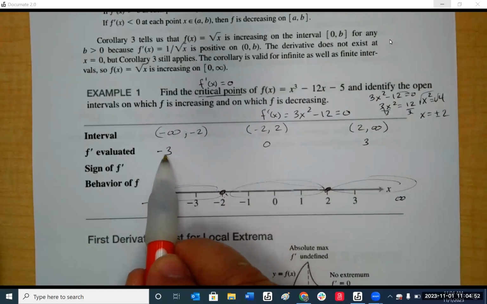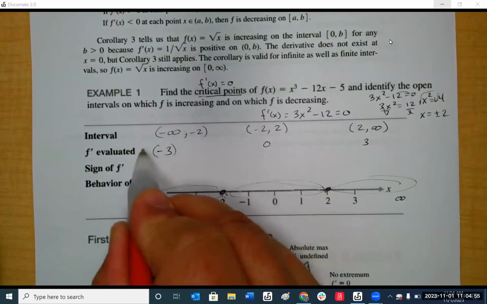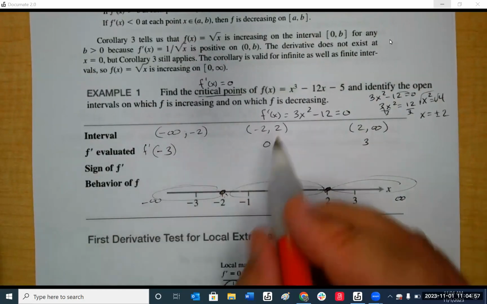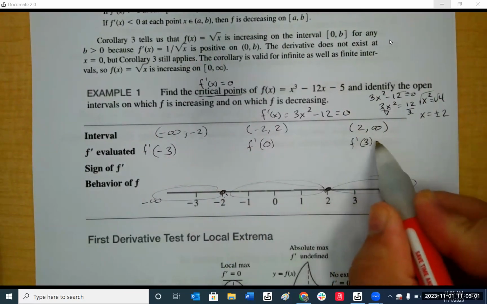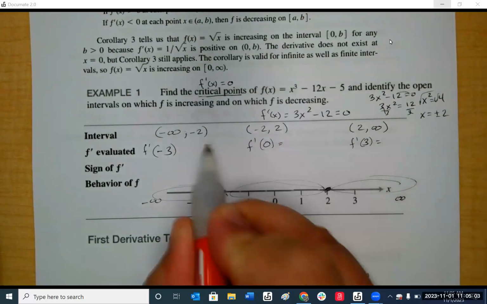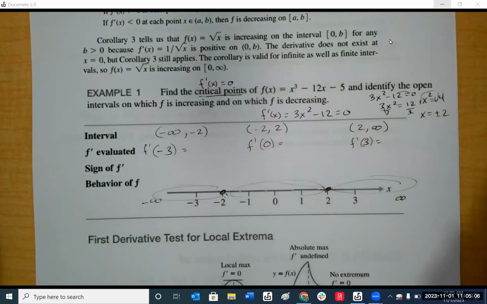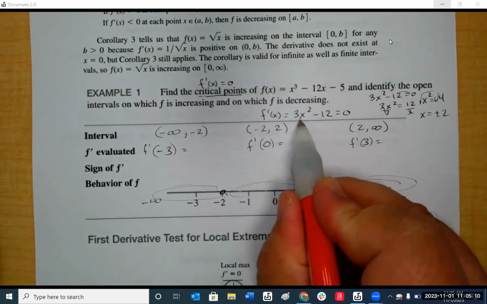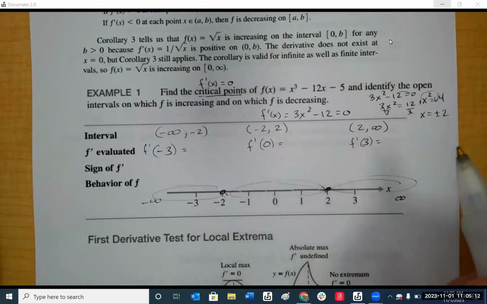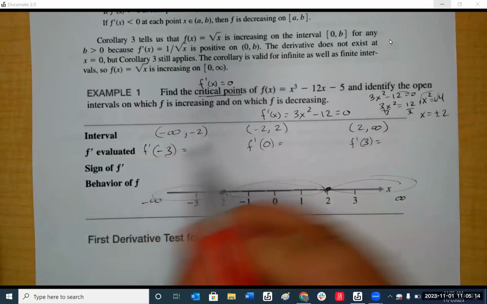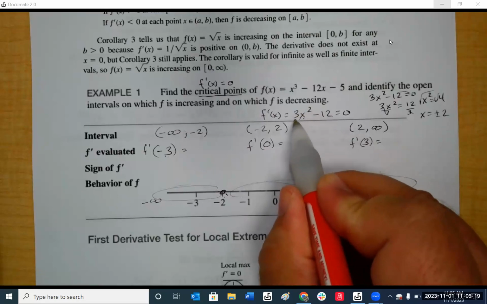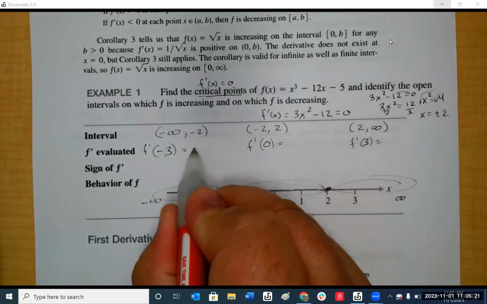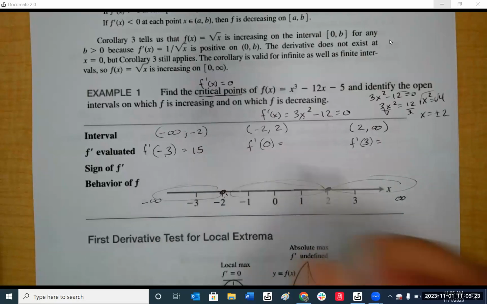So what we do here is we plug in these values into our first derivative. And all we really care about is the sign. And our first derivative is 3x squared minus 12. So we put -3 in there. -3 squared is 9 times 3 is 27. 27 minus 12 is 15.